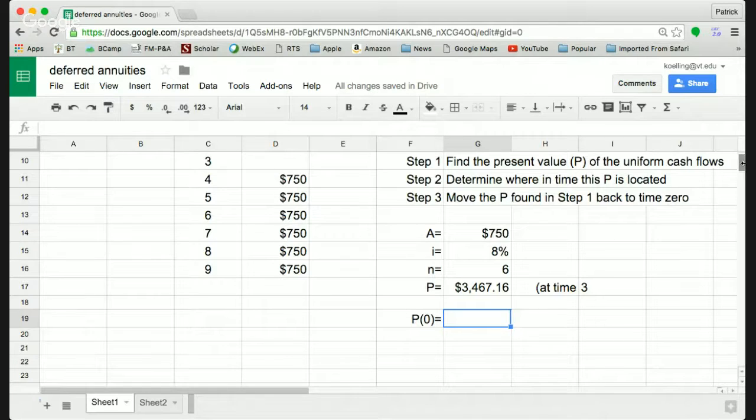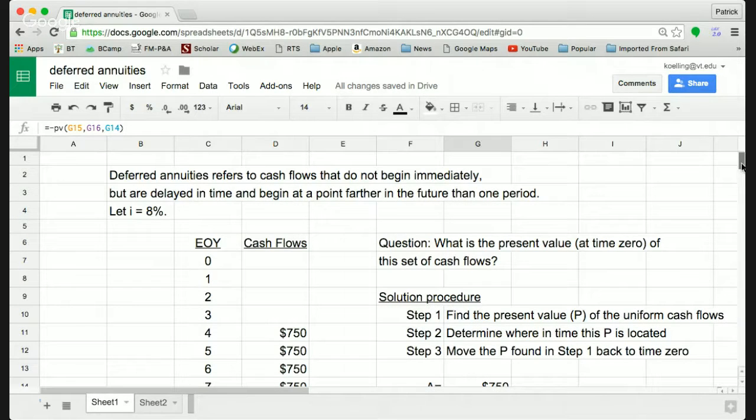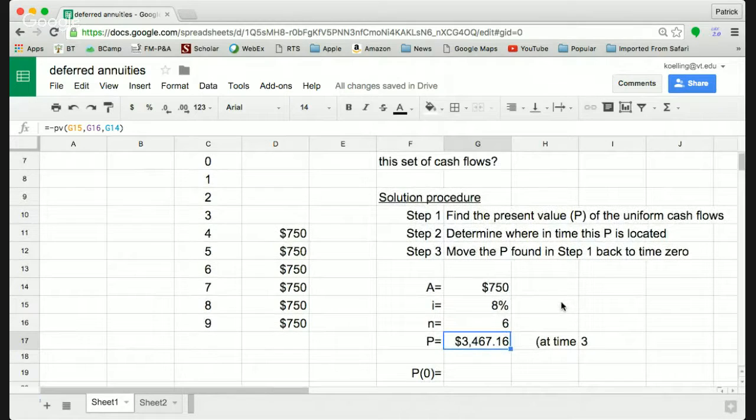So I'm going to take that value at the end of time 3, and I will move it back 1, 2, 3 periods, or 3 years, back to time 0. So for this problem, the P is essentially now an F relative to the present at time 0.